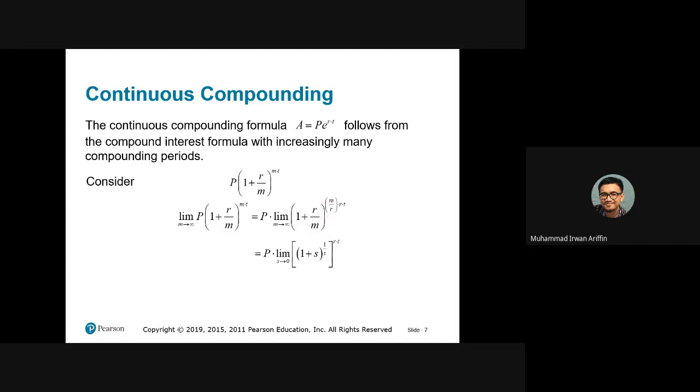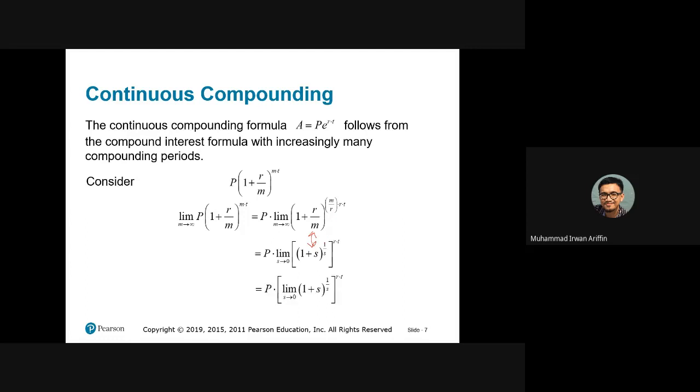M over R is S. This is how I change this into this, and then I simply change S.